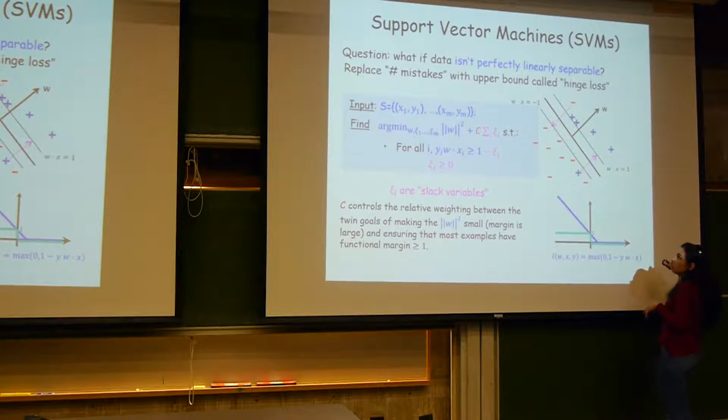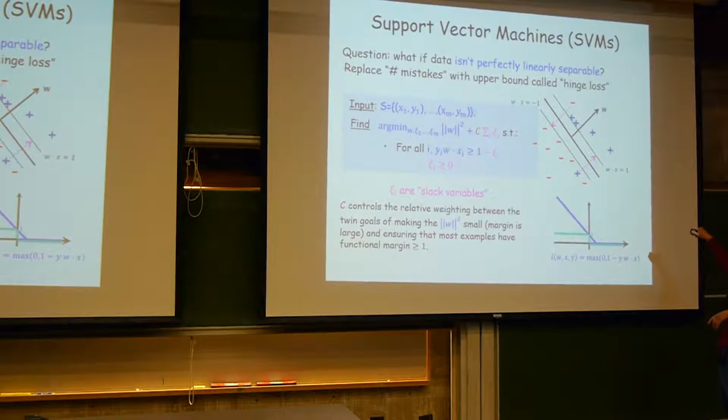So instead, we penalize each example using the so-called hinge loss. This hinge loss exactly corresponds to the total distance I have to move the point to put it on the right side where it should be, by the right margin.